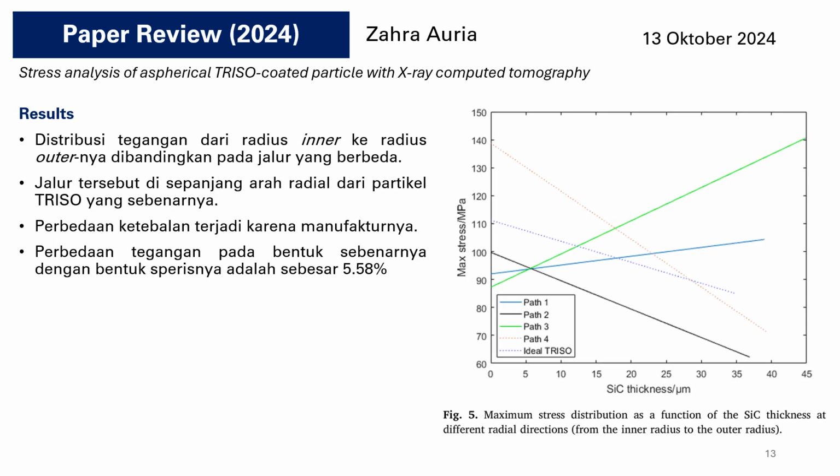So here we have the maximum stress distribution as a function of the silicon carbide thickness at different radial directions from the inner radius to the outer radius. We have differences in thickness because of manufacturing factors, and the difference in stress between the actual shape and the spherical one is 5.258%.